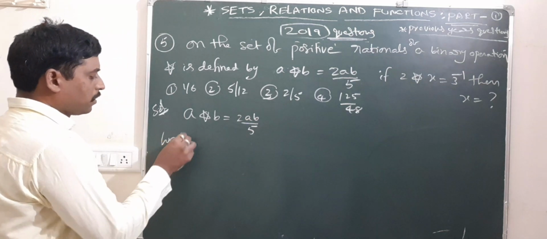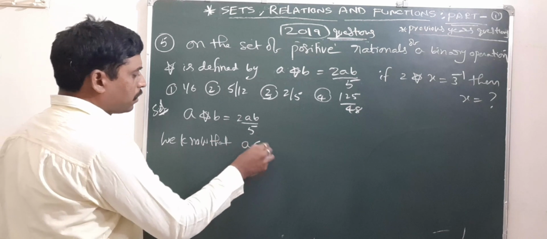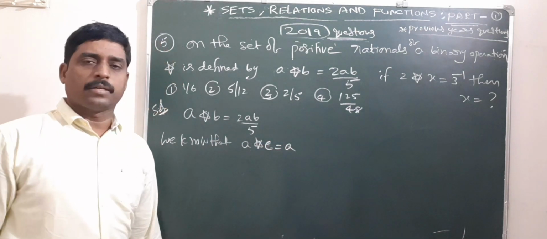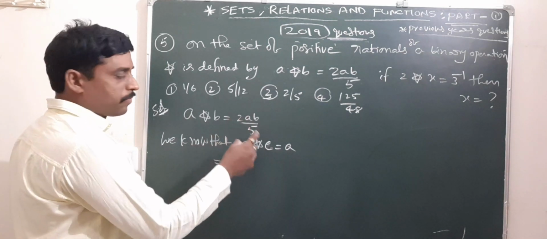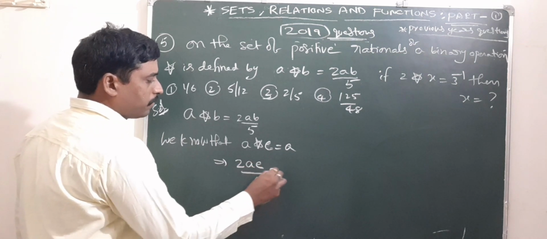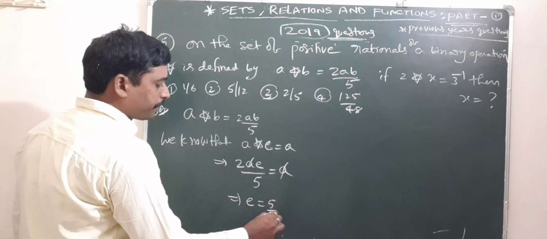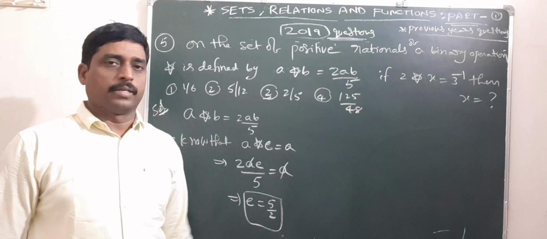We know that a star e is equal to a. So a star e defined by 2ae by 5 is equal to a. The a gets cancelled, e is equal to 5 by 2. So we got the identity element.